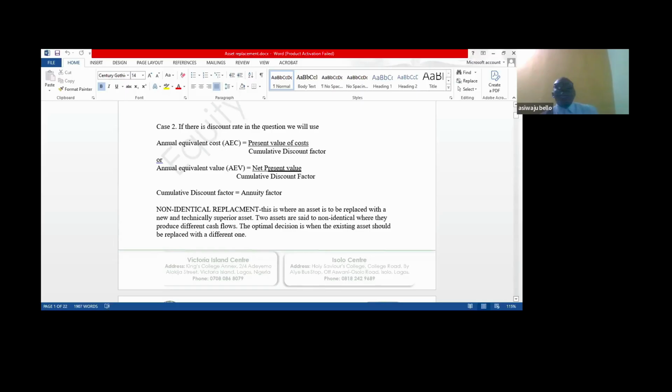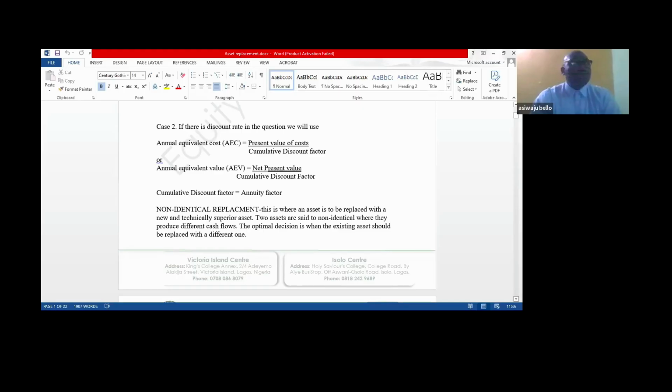Your cumulative discount factor is your annuity factor. Alternatively, you can use annual equivalent value calculated as the net present value divided by the cumulative discount factor. We explained this last week.